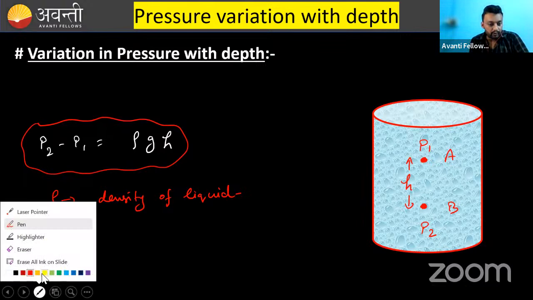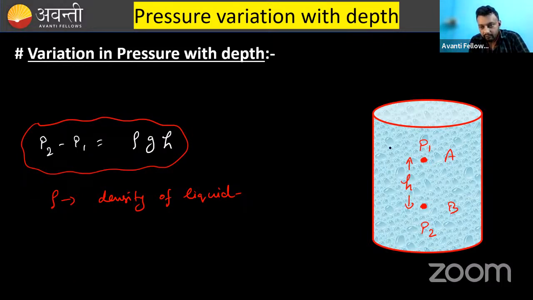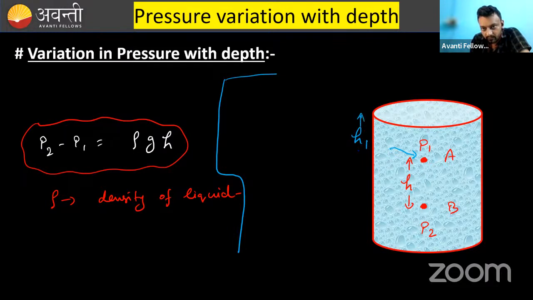One more thing that I want to tell you here: if you want to write the pressure at point A, only pressure, I am not talking about the difference of P2 and P1, then how should you write it? Let's suppose this height is h1. From the free surface, the depth of point A is h1.